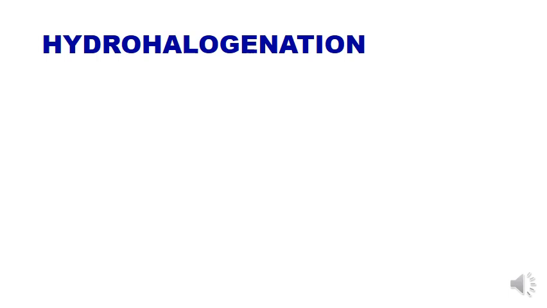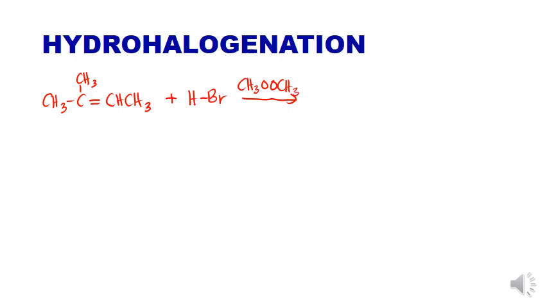Let's start with the first step: the 2-methyl-2-butene reacts with HBr in the presence of peroxide such as CH3OOCH3. From the first step, we know that the carbon-carbon double bond, which is the nucleophilic site, will attack the positive hydrogen from the HBr and break the bond between the hydrogen atom and the bromine atom.